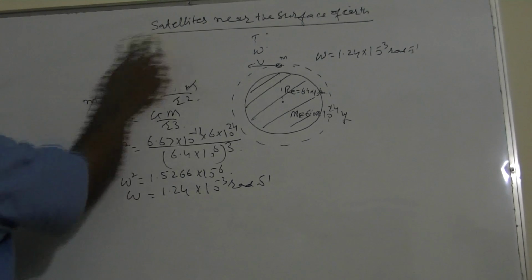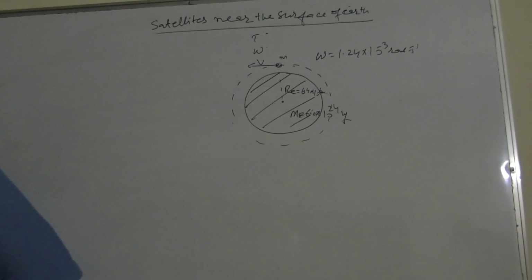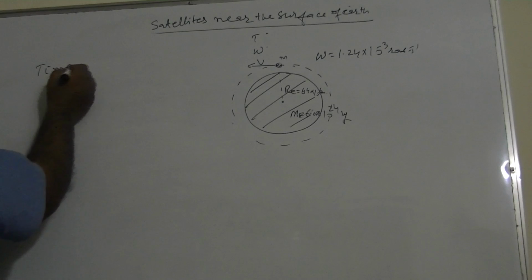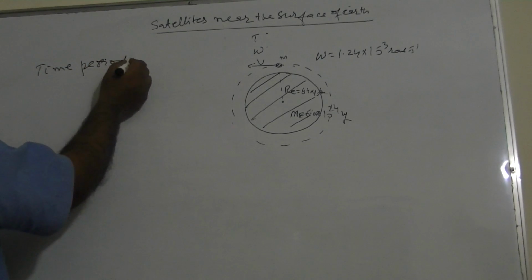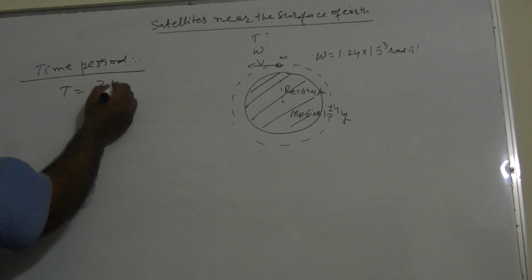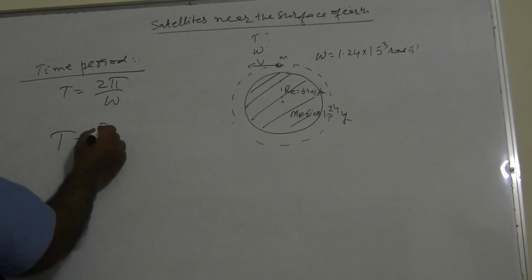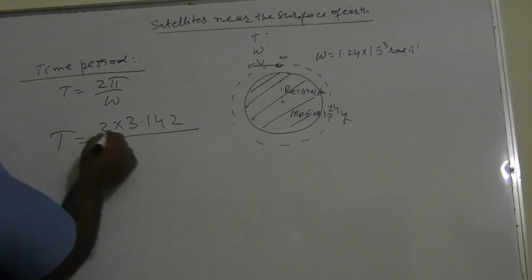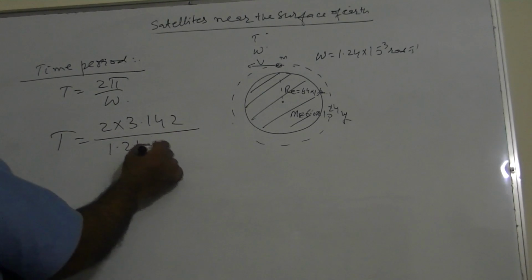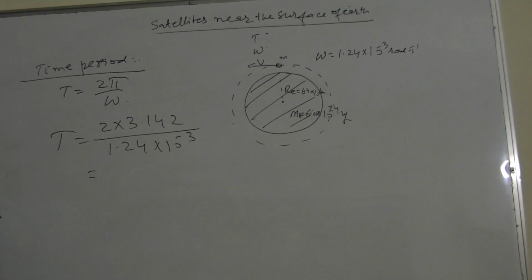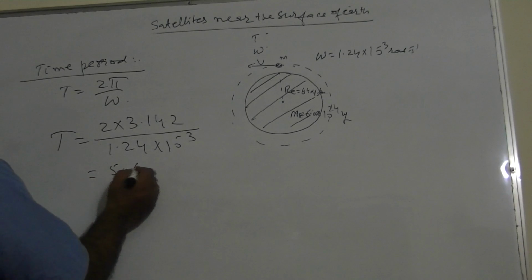Let us see now how I calculate the time period of such a satellite, and how much time it takes while revolving around the Earth. So the time period of such a satellite is T equal to 2 pi upon omega. Put the values: T is equal to 2 into 3.142 divided by 1.24 into 10 power minus 3, and it is coming out to be 5067 seconds.